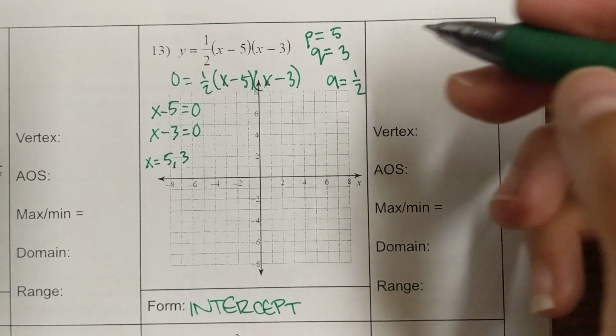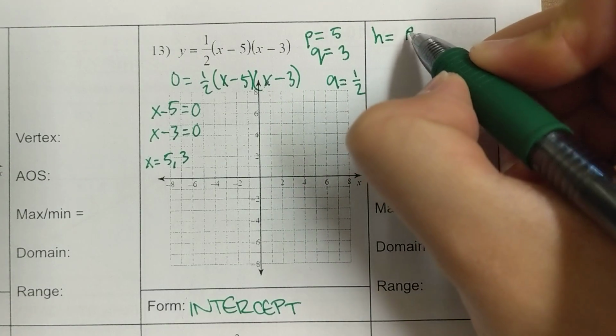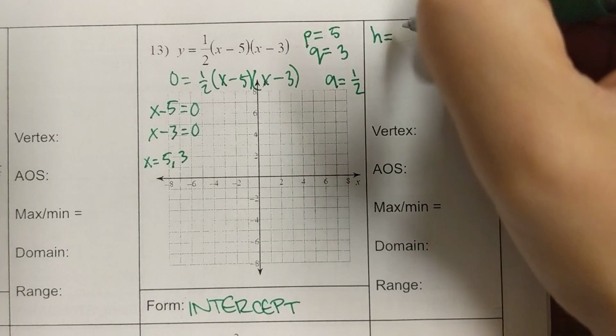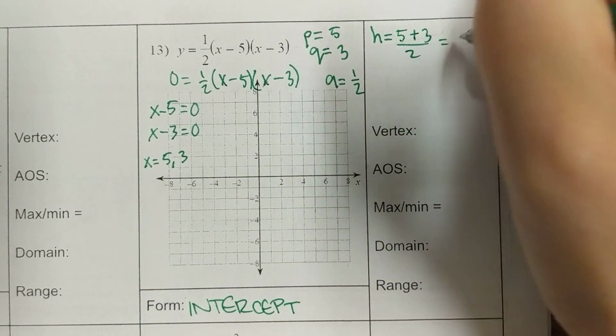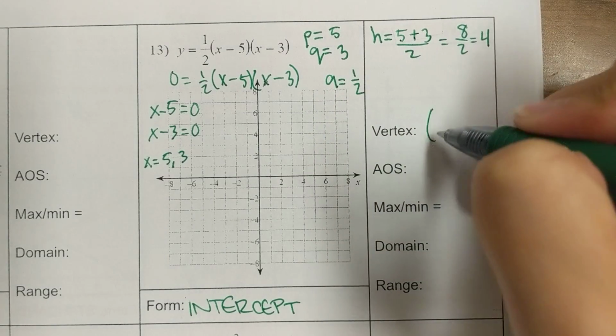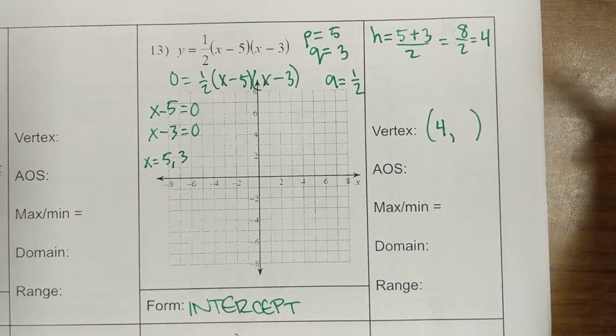So h, the x part of the vertex, is p plus q over 2. So 5 plus 3 divided by 2, that's 8 over 2, which is 4. To get the y part of the vertex, we plug in 4 for the function.